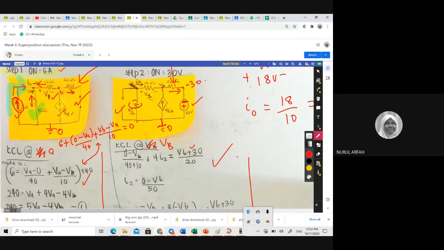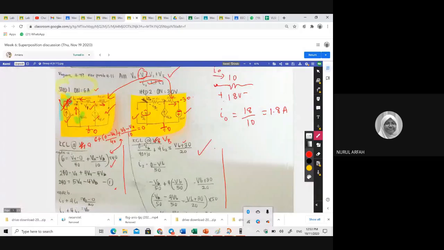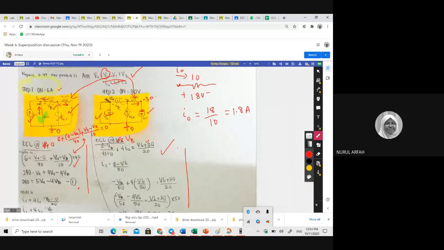The source is going up, but eventually you want everything going up like this. Wait, I want to erase this. Then the 6 here becomes negative 6 in your equation here. Okay? Because you want to have a different direction from what they have here. Okay.